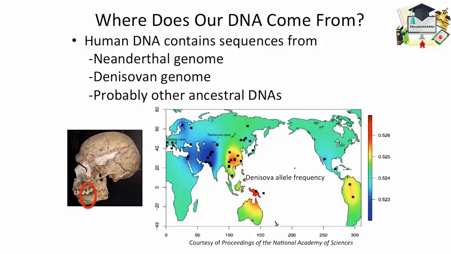They were able to recover DNA, and then you can find those genes in populations across the world, with the highest densities in Southeast Asia, Australia, and some in South America. But they are also found in Europe and in North America and across the Asian continent as well. Interestingly, they're not frequently found in Africa, which may say something about when these sequences developed. So we have Neanderthal, we have Denisovan DNA, and there are probably other ancestral DNAs as well.